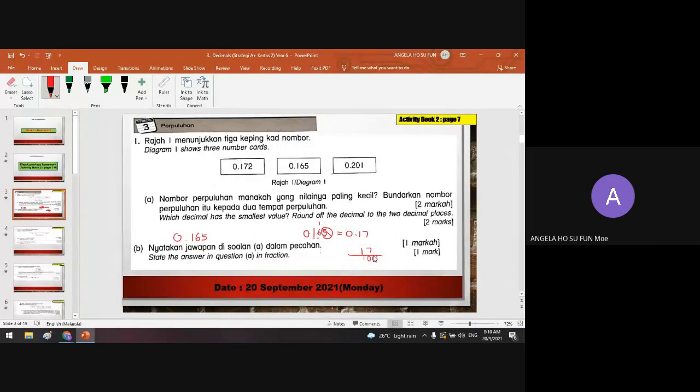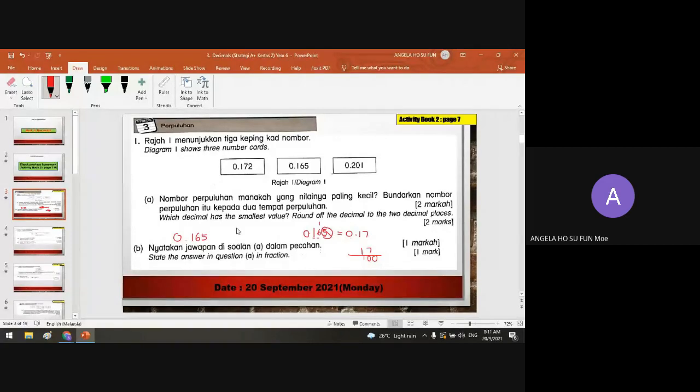Can this fraction be simplified again? Hello? Can it be simplified? Boleh diringkaskan lagi kah? No, Alia? Six Merah? No. Okay, answer is no.